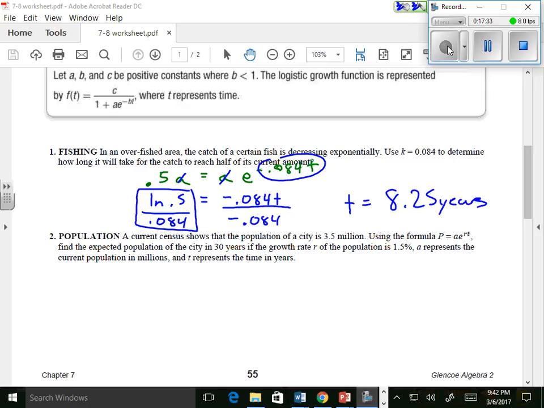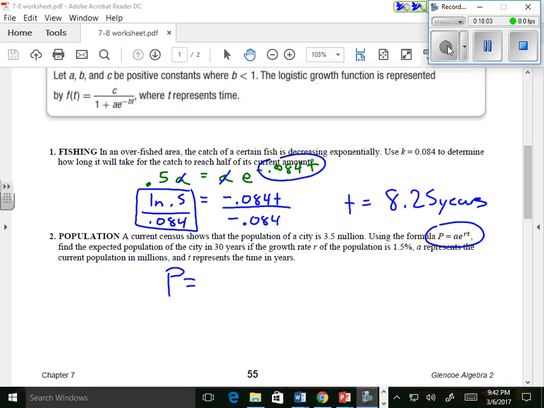Number 2, population on a census is going to be growing. Now, this is basically our growth formula. And we want to know what the population is going to be after 30 years. So P is going to be the population after 30 years.